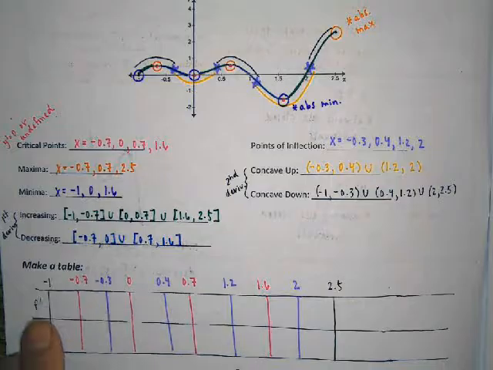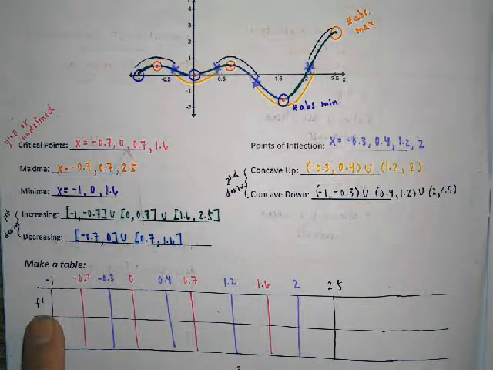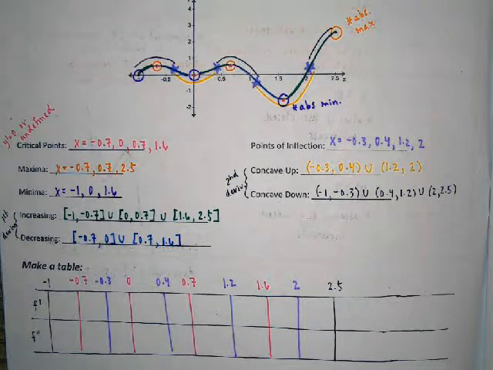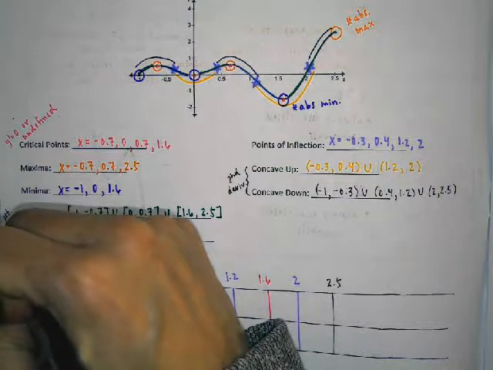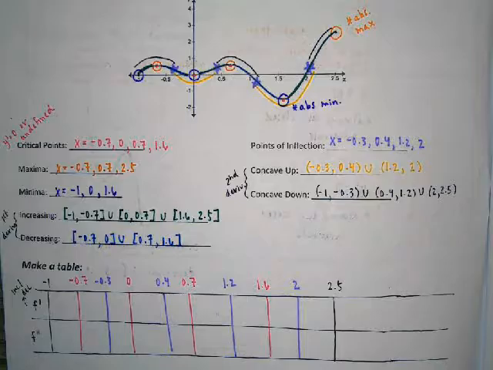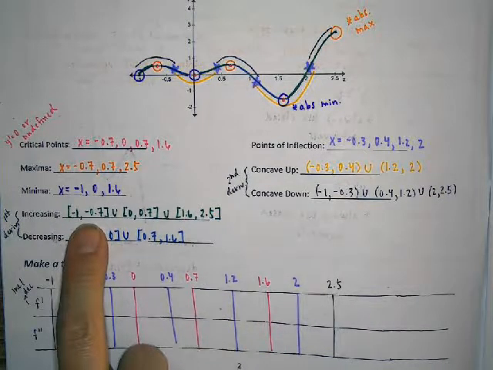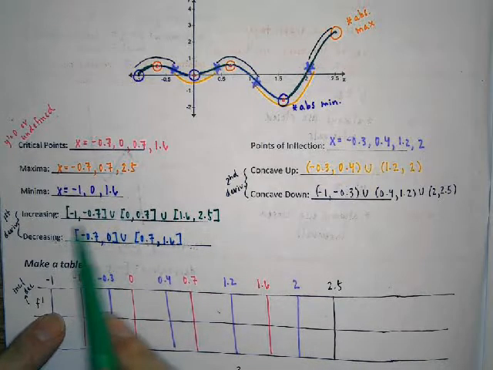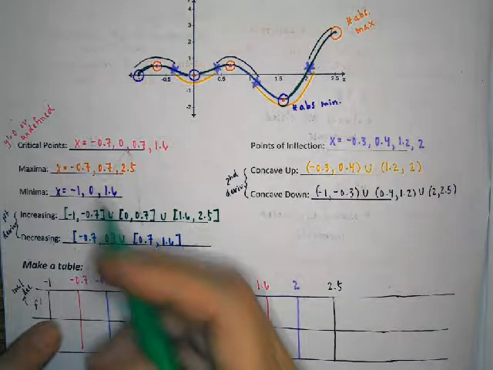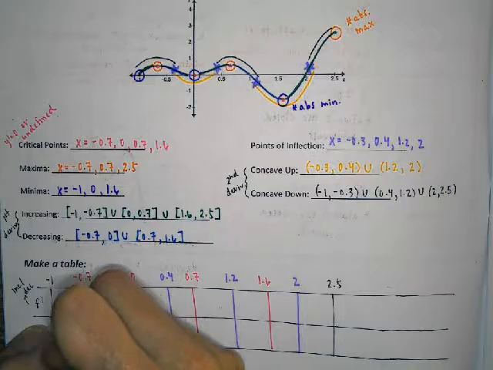And so now, what I'm really describing here when I'm in f prime, we're going to list the information about where I'm increasing and decreasing. So again, I'm going to use my green for increasing. So we said we are increasing between -1 and -0.7. So I'm going to put a positive.